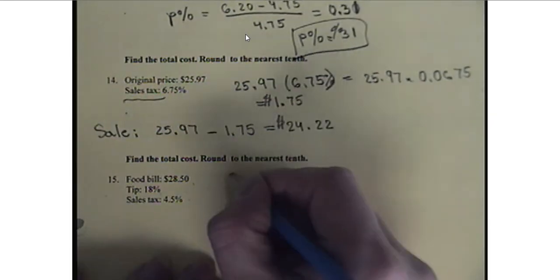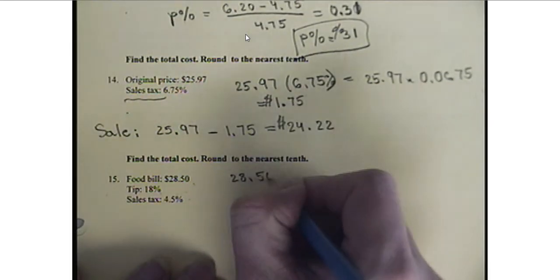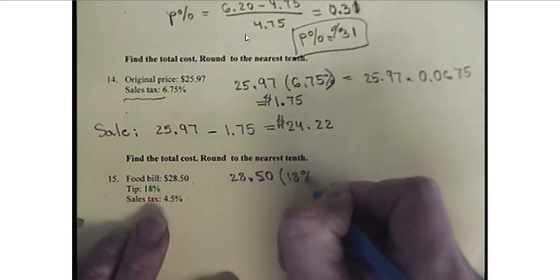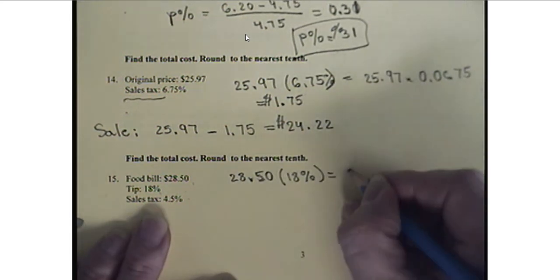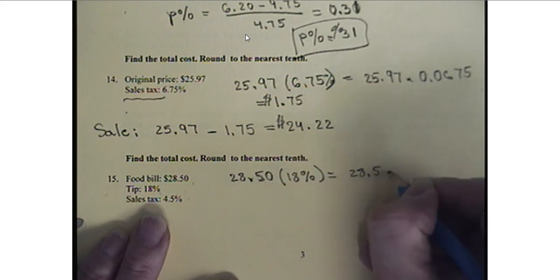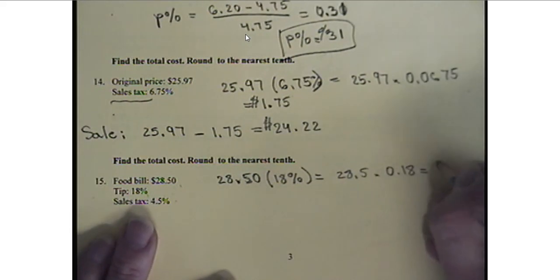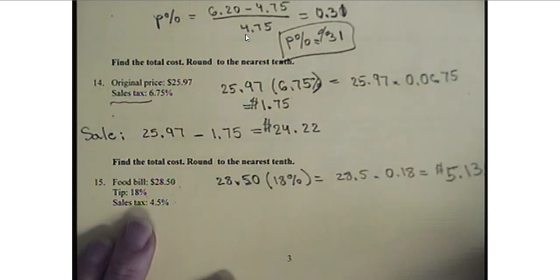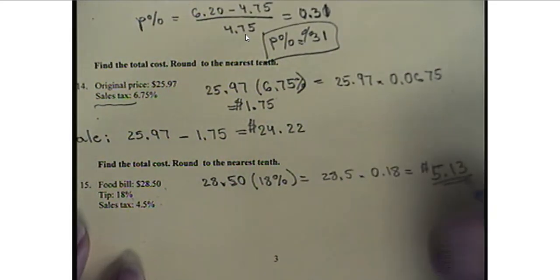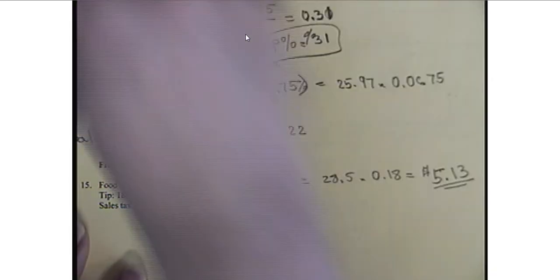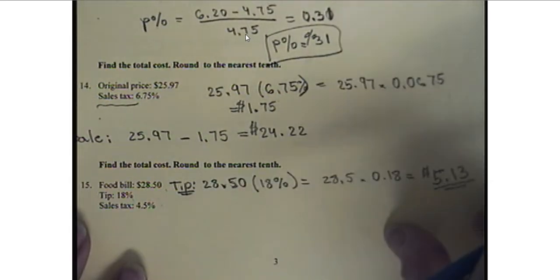So 28.50 times 0.18 is equal to $5.13. So that will be your tip, so $5 approximately.